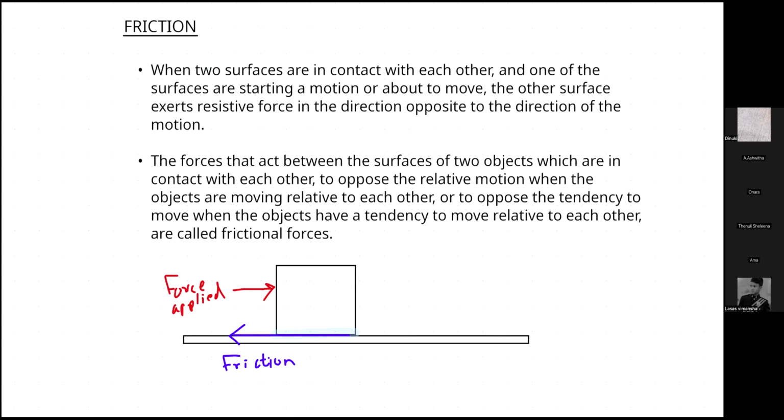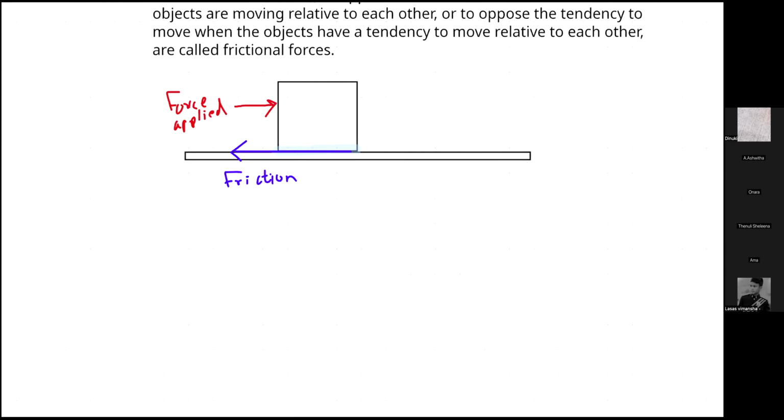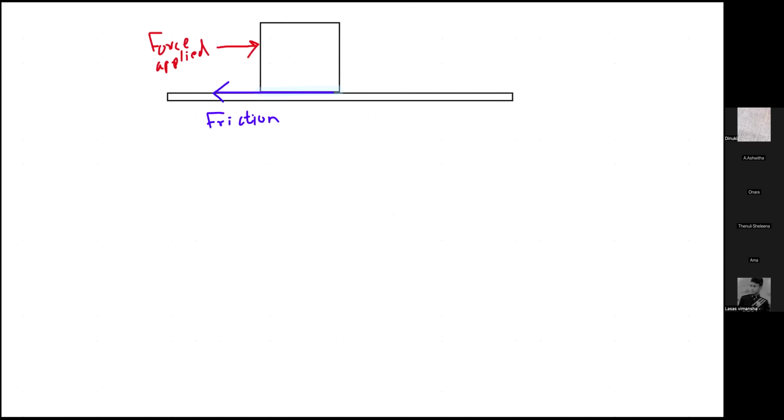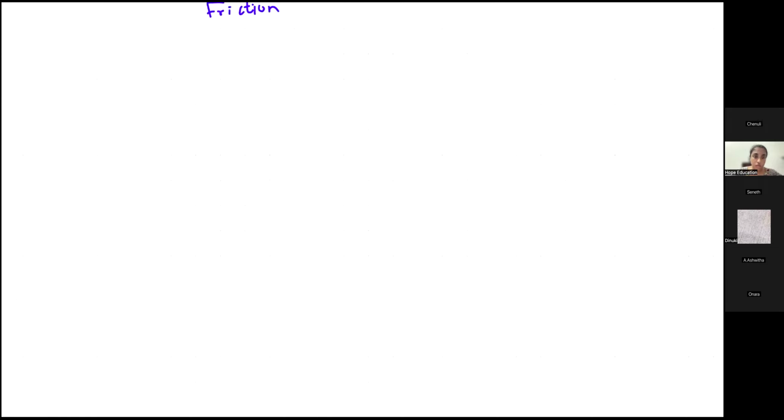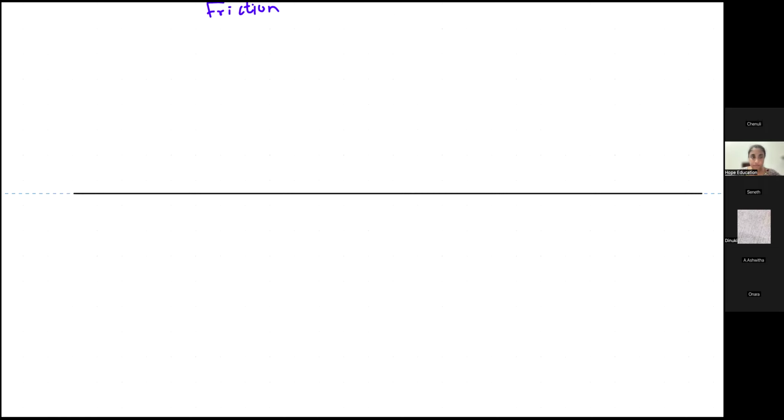Okay, all right. So now let's talk about this instance. From that instance, we are going to be covering all the types of frictional forces, right? So let's say we have a surface. This could be a floor, tabletop, or whatever.